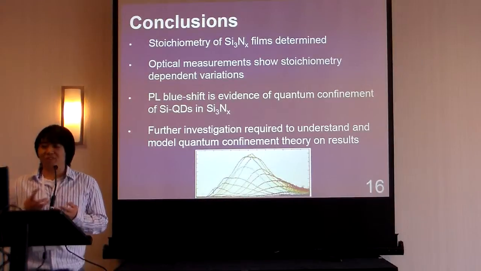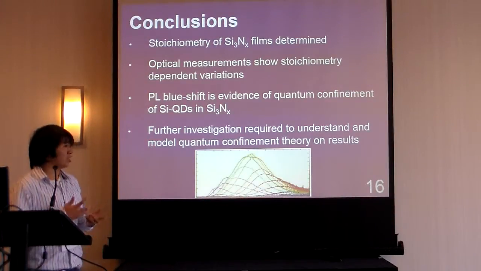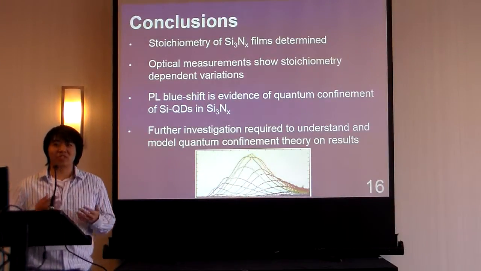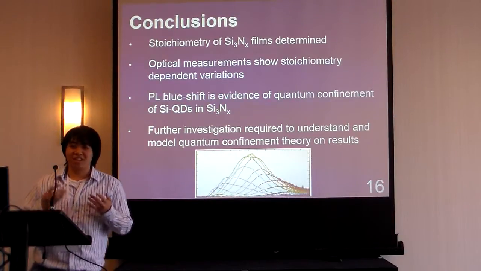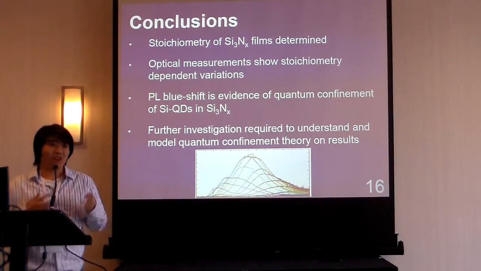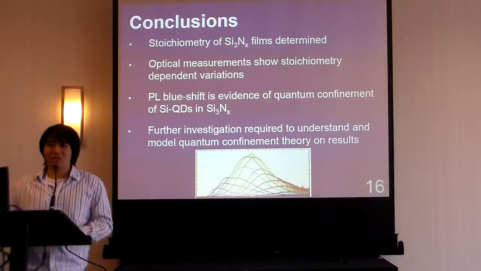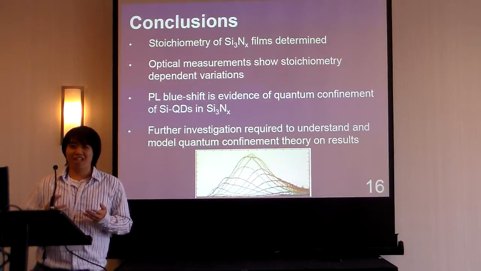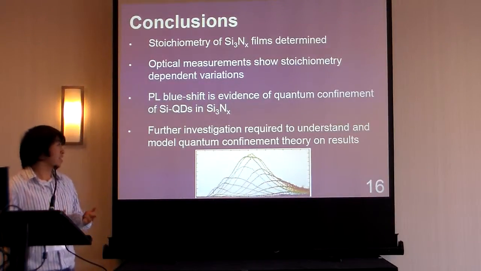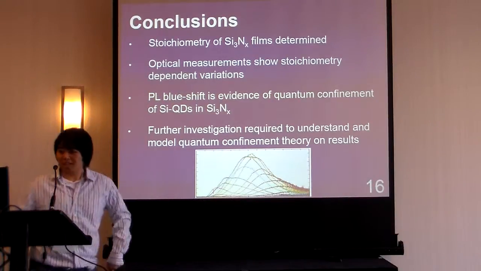And further, I want to do further investigation on these results. In particular, we want to apply quantum confinement theories and models to see how well they fit with the data. And this will help us establish our understanding of the fundamental physics of how quantum dots work.